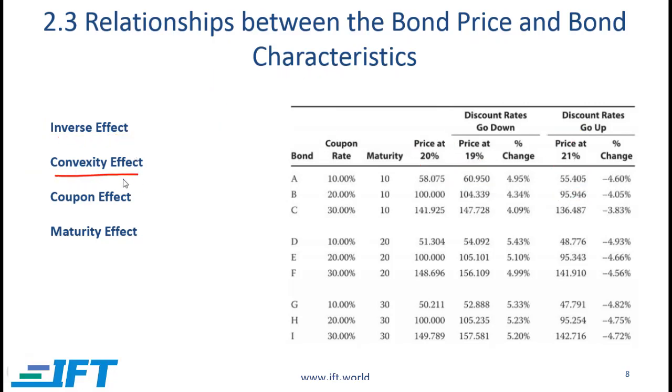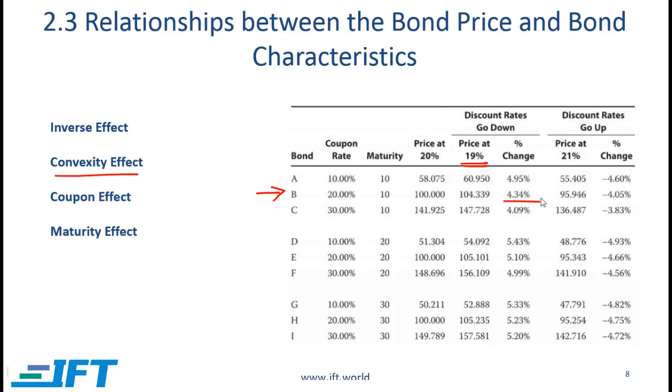Next, we come to the convexity effect. Again, let's consider bond B. Notice that when the market rate goes down by 1%, so the market rate goes from 20 to 19, the bond price increases by 4.34%.